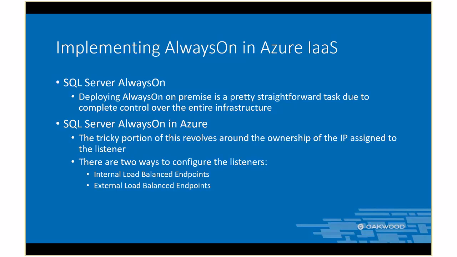The main important part is that external load balanced endpoints requires that you are opening traffic into your SQL Server via the public IP address that is assigned to your cloud service, whereas the internal load balanced endpoints is only for traffic that's routing internal of your virtual network. So personally, the first one is more secure just by how it works.